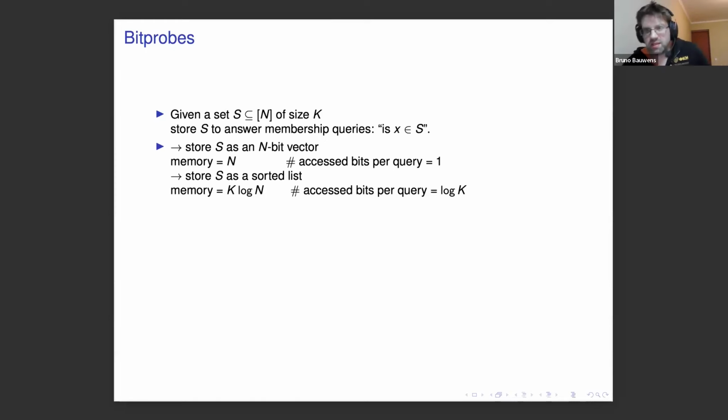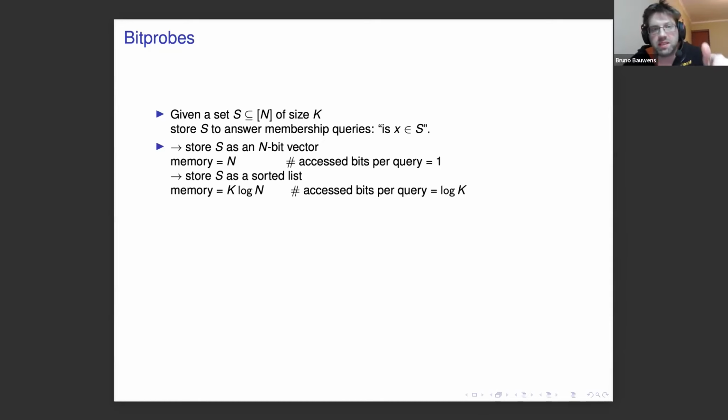We can read a lot if we choose S as a sorted list. Then we can get optimal size, k log n. There is no way to store a set more efficiently, barring some special values for k. So in the case that k is much smaller than n, you cannot do much better.